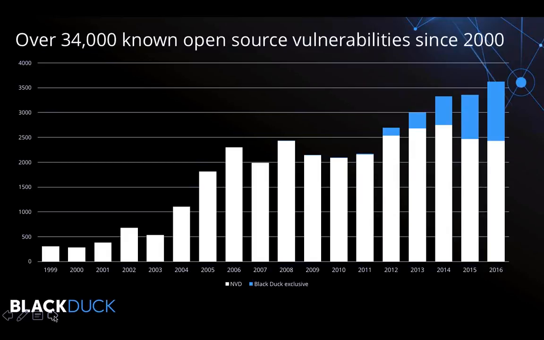Now, this isn't a matter, in my opinion, of open source being less secure or frankly more secure than commercial software. I mean, it's software, so it's going to have vulnerabilities. But there are some characteristics that make vulnerabilities in open source particularly attractive to attackers. First of all, it's freely available.